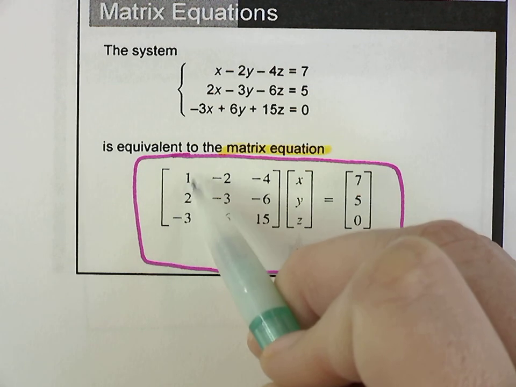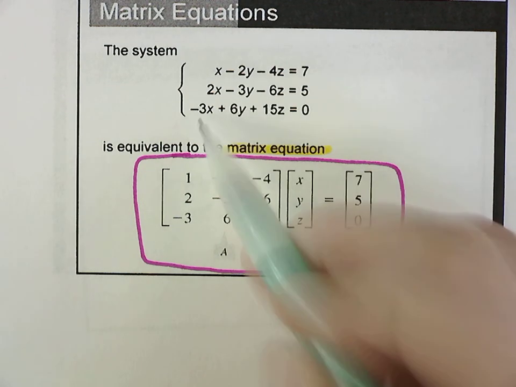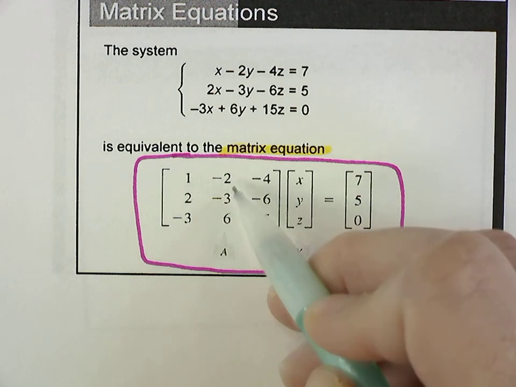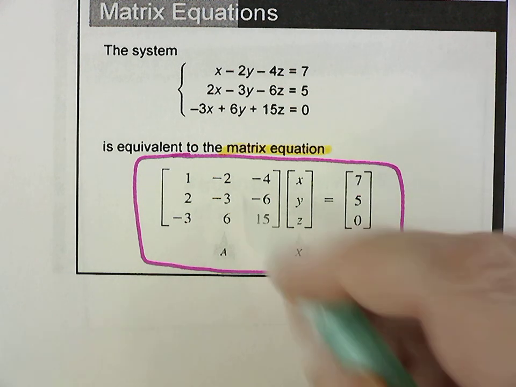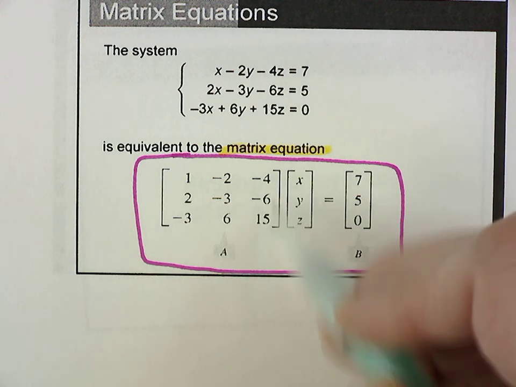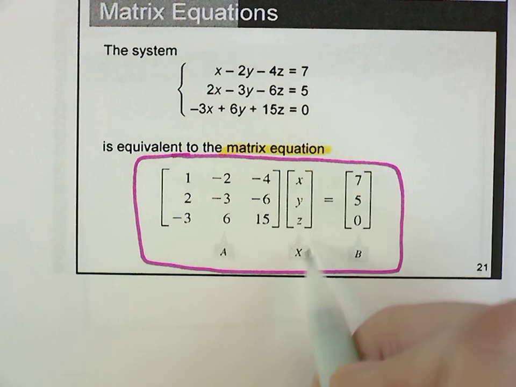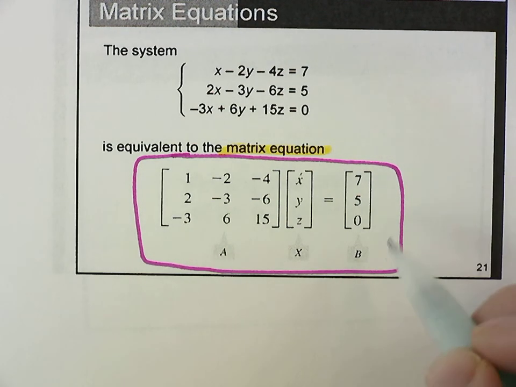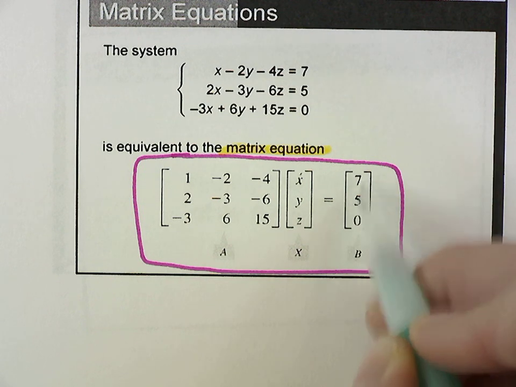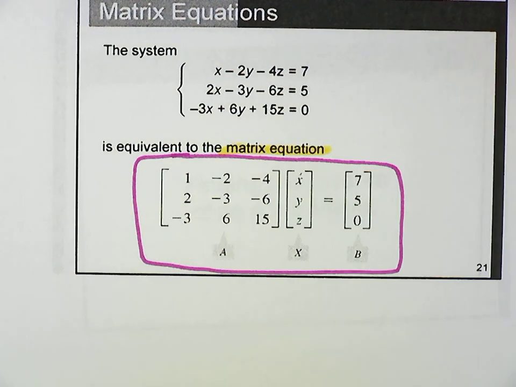So when my x's are 1, 2, negative 3, those are my coefficients of x. In the second column are the coefficients of what? Y. And then the third column, the coefficients of z. And then we have this matrix here, the x, y, z, the variable matrix. And then that's going to be equal to 7, 5, 0, which are going to be the constants.